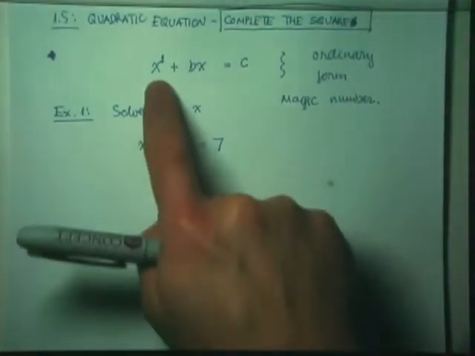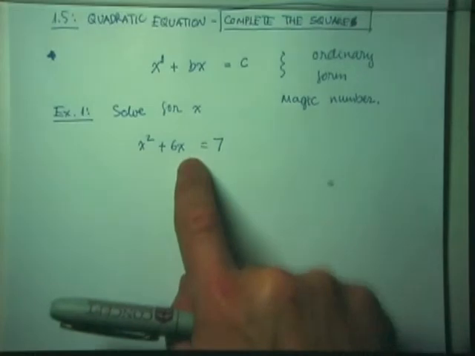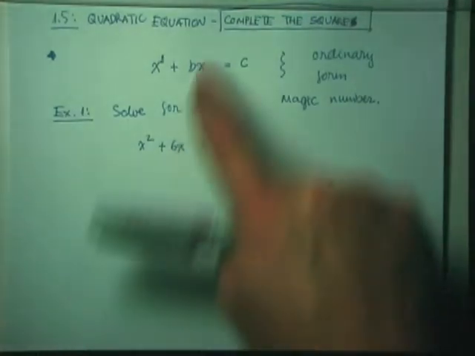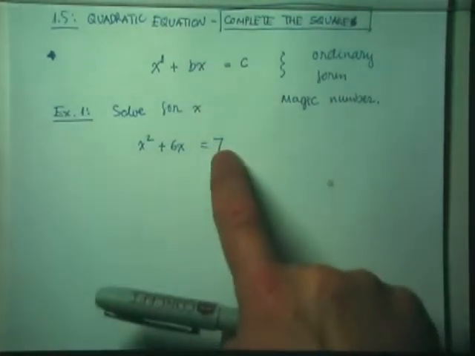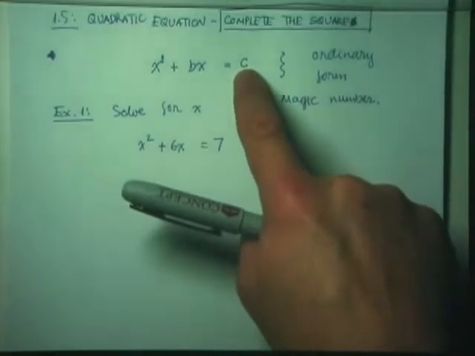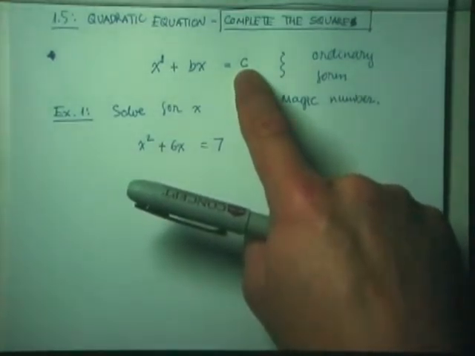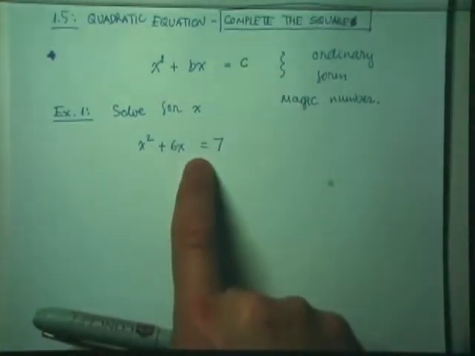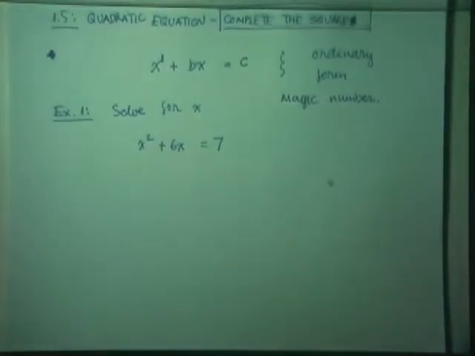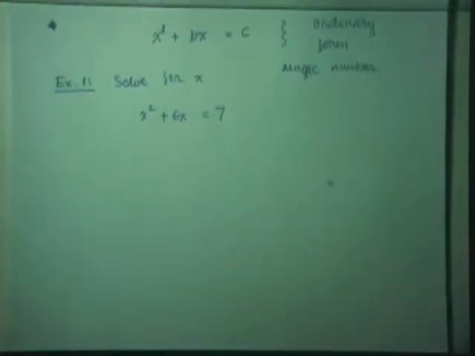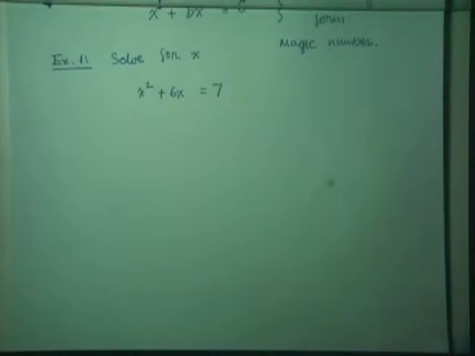That's the x squared term, the 6x is my bx term, and the number 7 is playing the role of my constant c on the other hand side. So my equation at this point is in ordinary form, and I'm ready to solve it using the complete the square method.